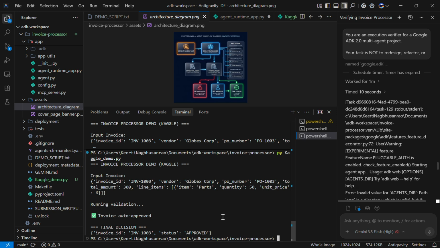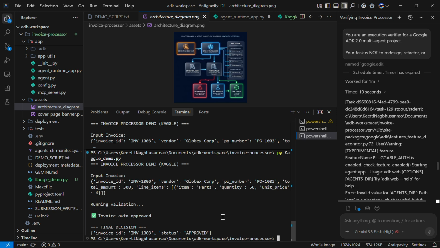For this, I have created three scenarios. Scenario one, a clean invoice. I submit an invoice that perfectly matches the purchase order. The verifier confirms all values using MCP tools and the invoice is automatically approved.